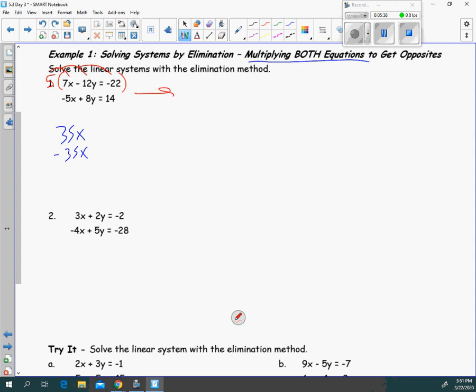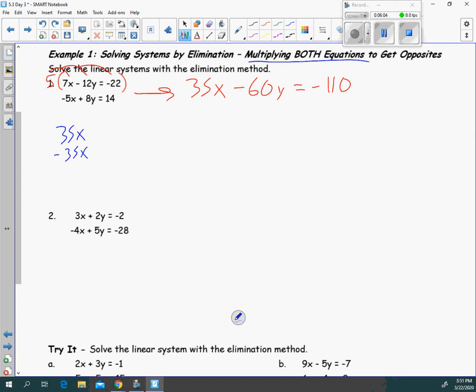So I'm going to rewrite it over here, and it's now 35x. 5 times 12, what is that, 60? So it's going to be minus 60y equals 22 times 5, which is 110. So that's going to be negative 110. Everyone understand my first step?